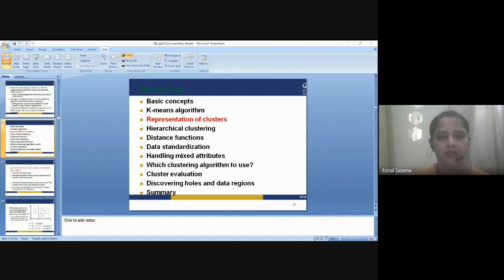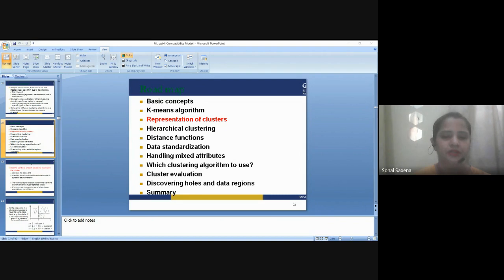We'll be having these points today. First of all, we'll see the representation of clusters, how you can represent the clusters. Then we are going to see what hierarchical clustering is. Then the distance functions and data standardization. Then how we can handle inputs which have mixed attributes. Then which clustering algorithm we should use.